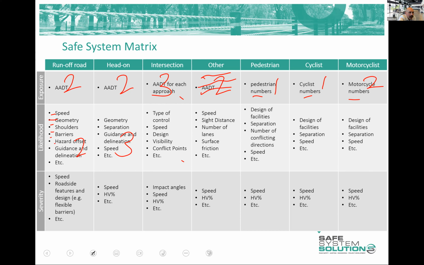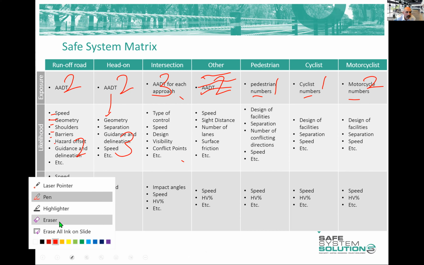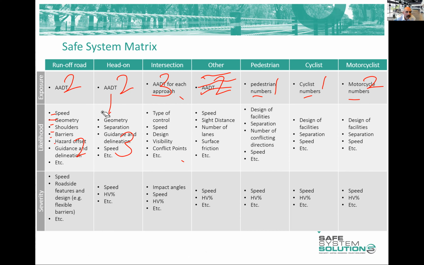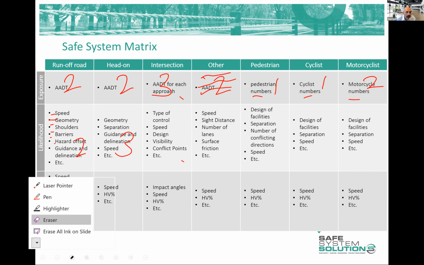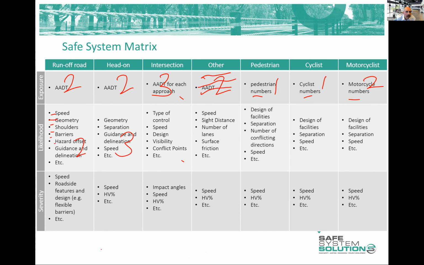Technically, head on you can use AADT as well, because it's a factor. What is the chance that they leave their lane and actually strike another vehicle? Because if it's a very low volume road, it's not. But anyway, don't get too caught up on that.